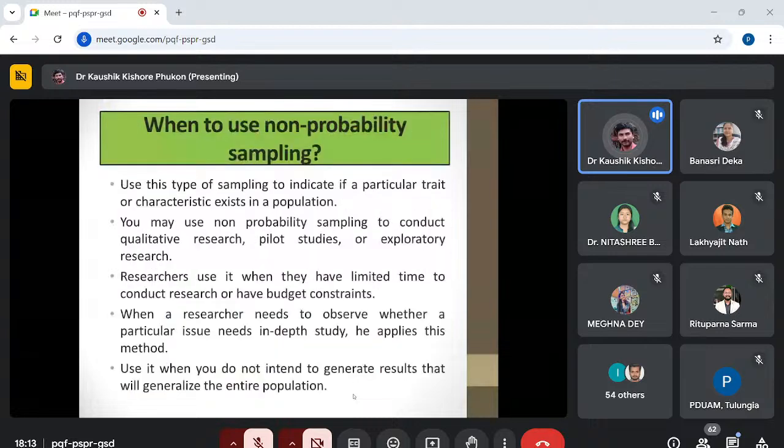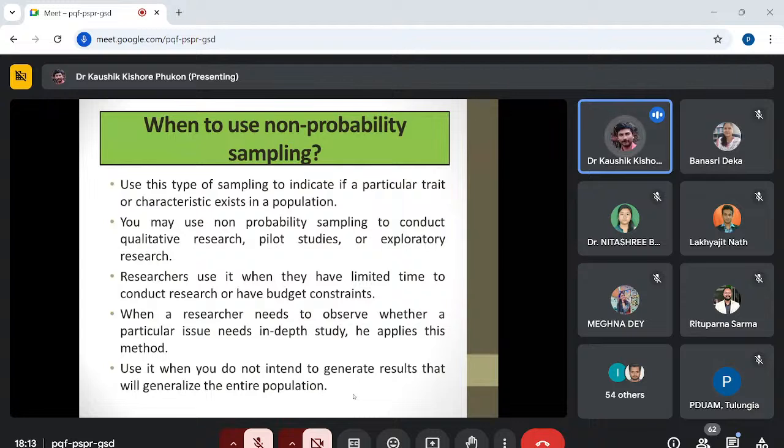So when to use non-probability sampling? Very important. Here are a few grounds for using non-probability sampling. If you don't have any intention to generate results that will generalize to the entire population, you may use non-probability sampling.